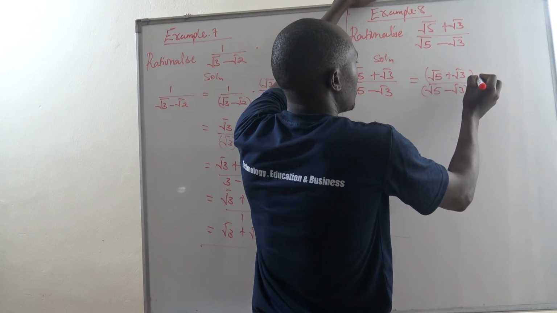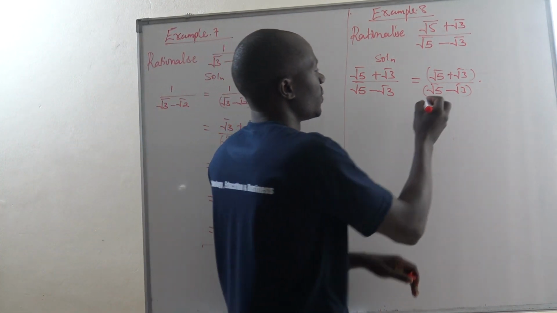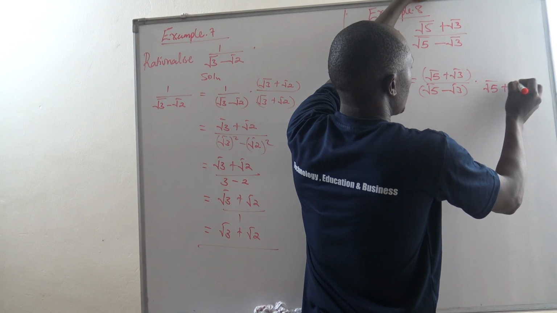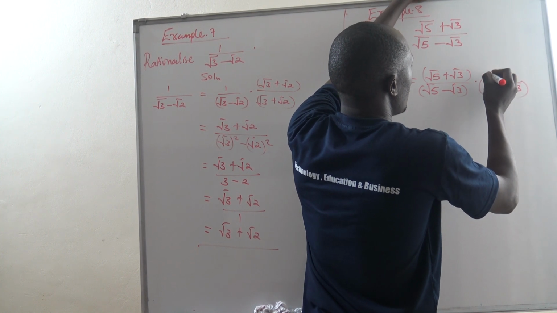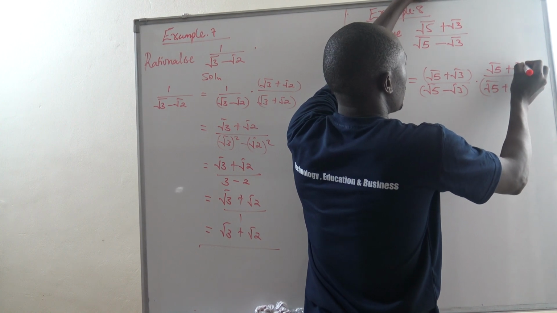We are now taking the conjugate. We are busy taking the conjugate on this. This becomes root 5 plus root 3. What you do down, also do it up. Root 5 plus root 3.